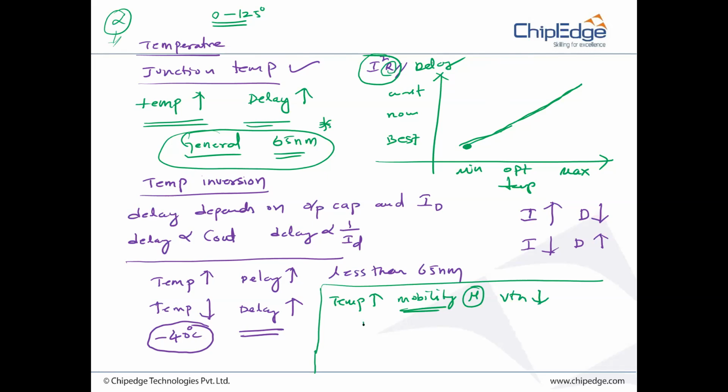Now you know your delay is inversely proportional to your mobility. And your delay is directly proportional to your threshold voltage, right? If threshold voltage increases, it takes more time to come out of the off state. If threshold voltage decreases, it takes less time to come out of the off state.